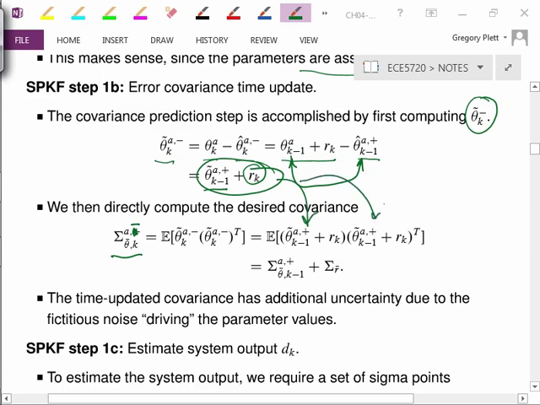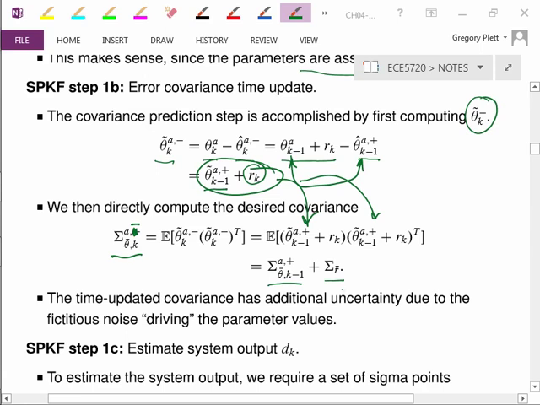And if we assume that the prediction error is uncorrelated with the random driving noise, which it would be, there's no reason to say that this fictitious noise has any knowledge of my prediction error up to this point, and the driving noise R is zero mean, then those cross terms go away, and I end up with the prediction error covariance, or uncertainty, equals the previous estimation error uncertainty plus the added uncertainty of this fictitious driving noise, this process noise.